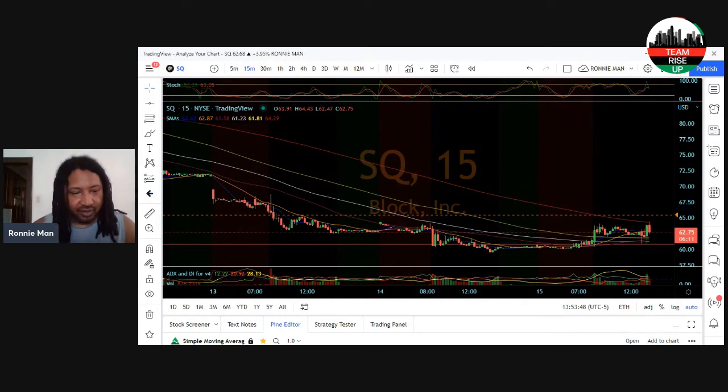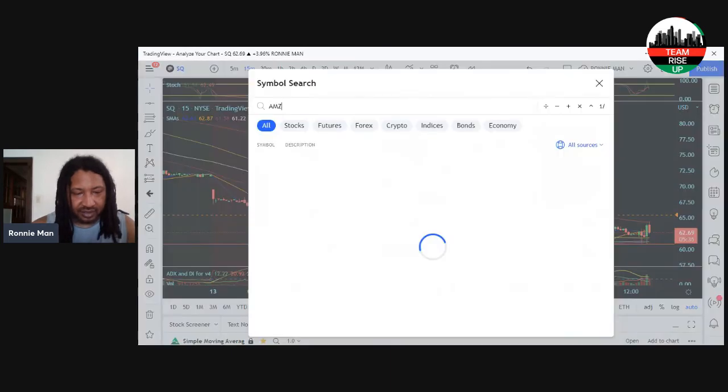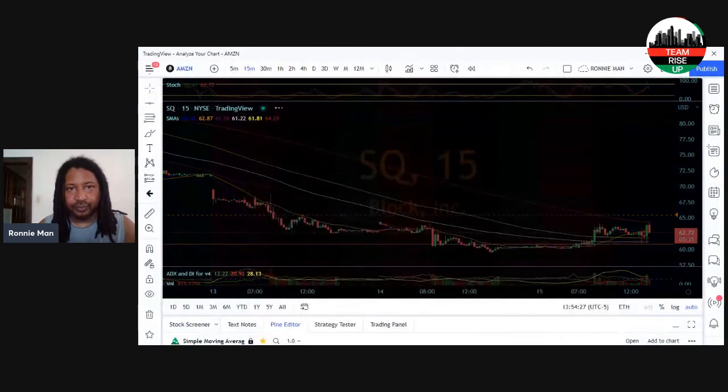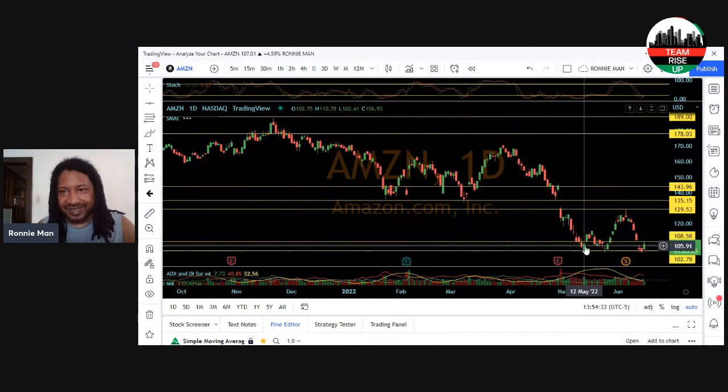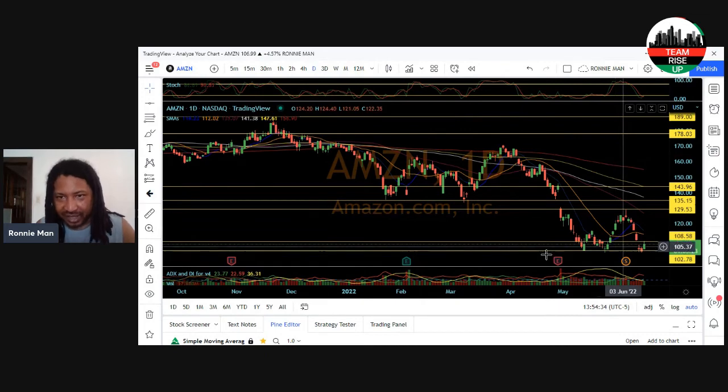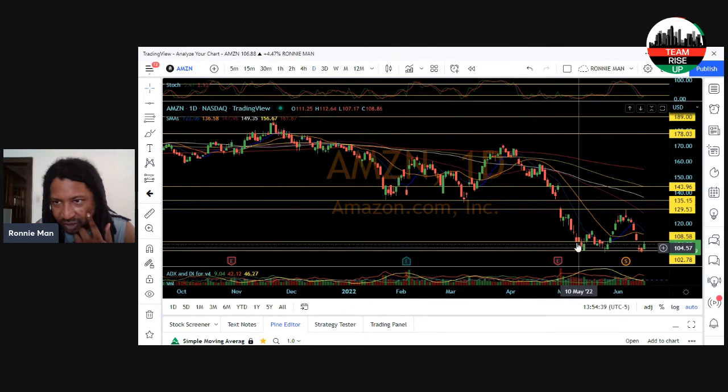And you create those zones. Let me go back to Amazon. Let's go to the daily, because that's all this is, right? Look at these here. These two lines here, from 108 to 102, is a zone, right?